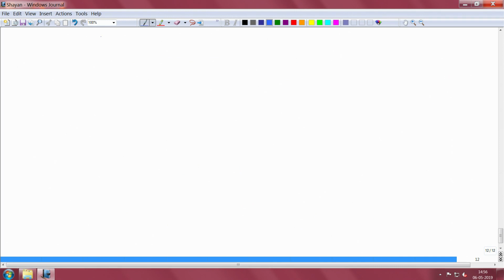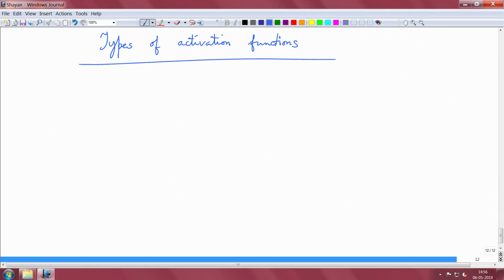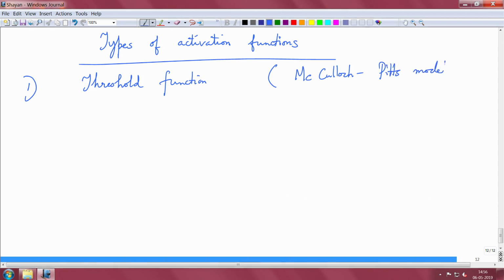Now let us get into the types of activation functions. The simplest would be the threshold function, and this is also the McCulloch-Pitts model. This is described by a simple Heaviside function phi of v.